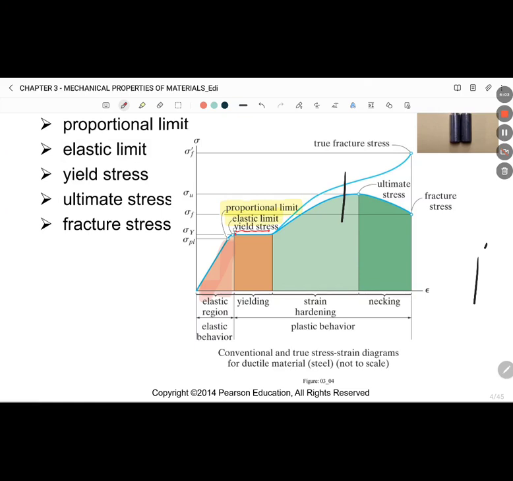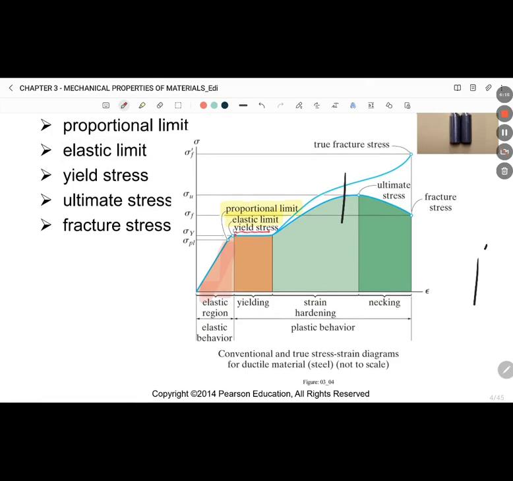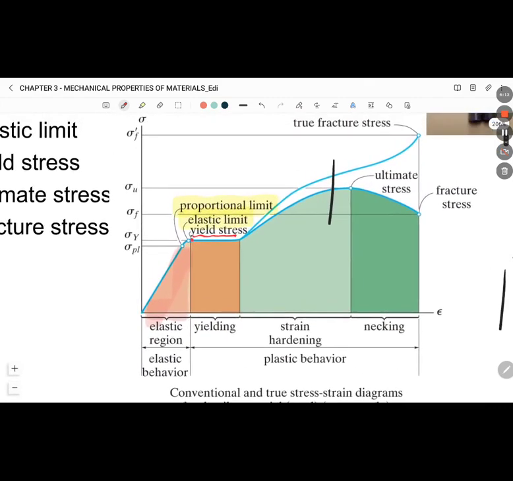Then we go to the second area, which is the yielding area, shaded with brown color in this graph. A slight increase in stress above the elastic limit will result in breakdown of the material and cause it to deform permanently. This behavior we call yielding, and it is indicated by the rectangular dark orange region in the curve.